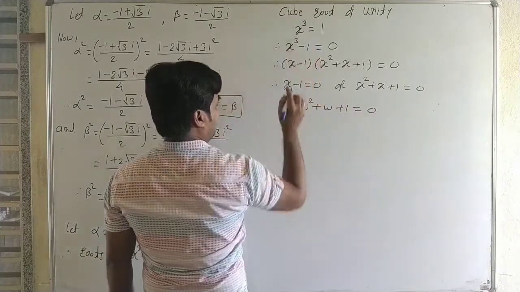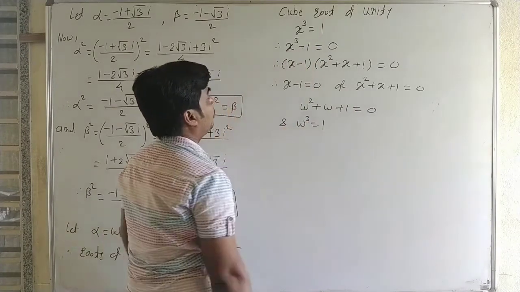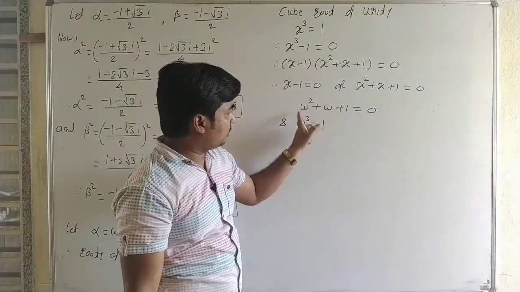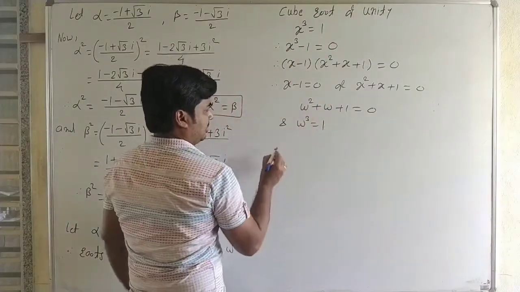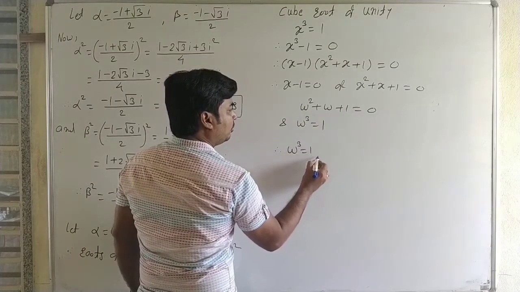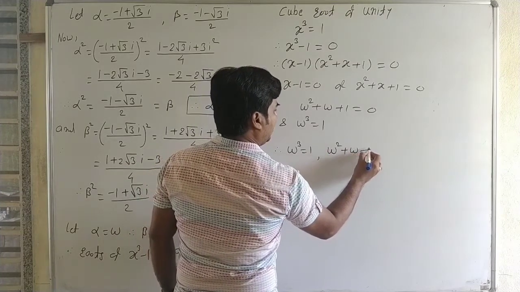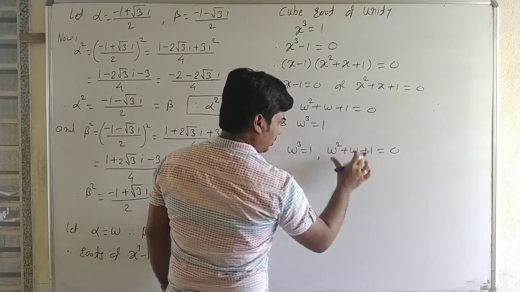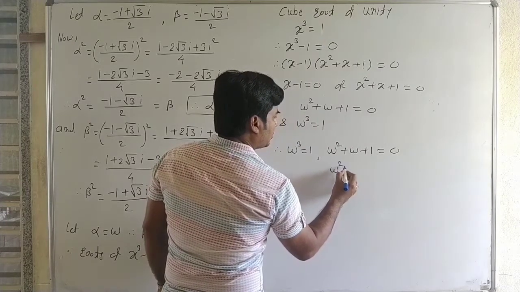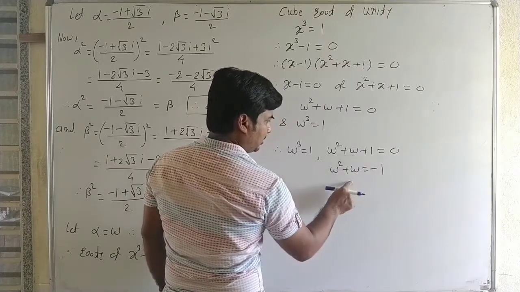Also omega satisfies omega cube is equal to 1. Therefore from this we get the results: omega cube is equal to 1, and omega square plus omega plus 1 is equal to 0. From this we can write omega square plus omega is equal to minus 1.